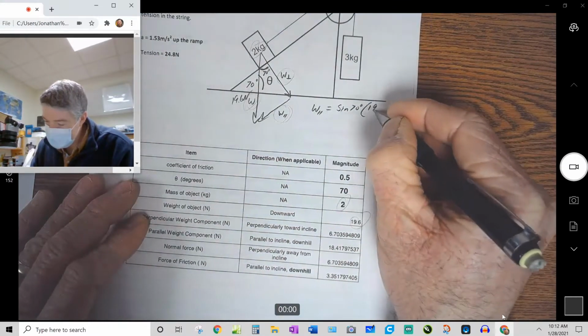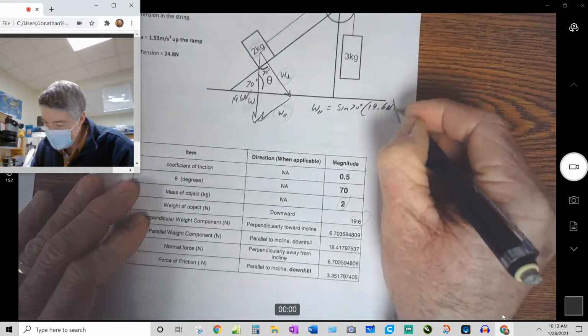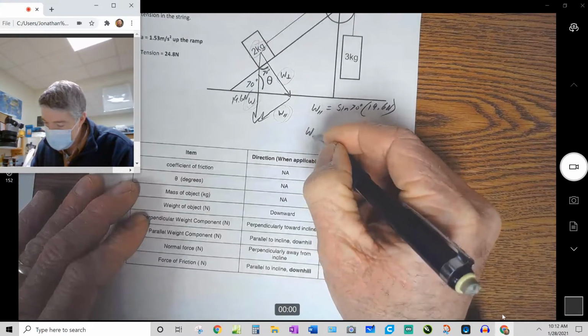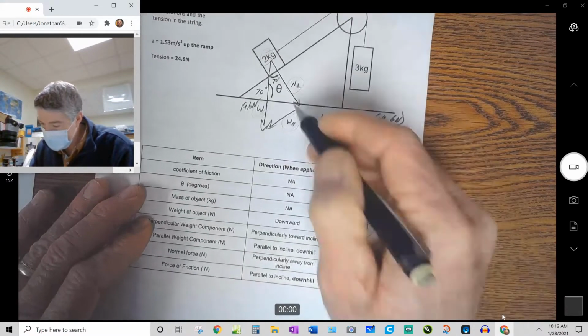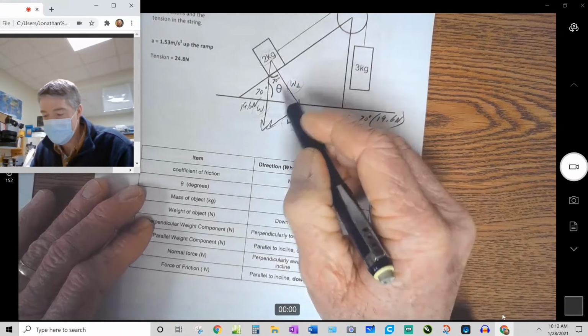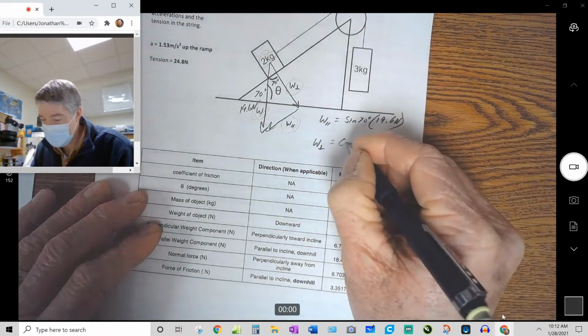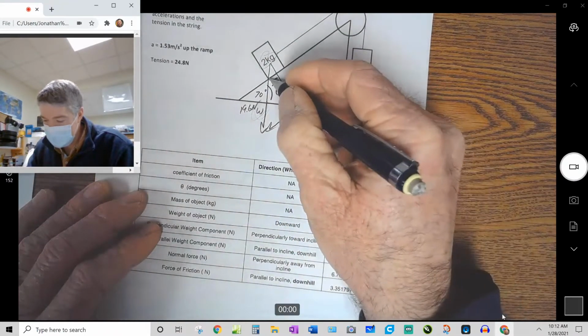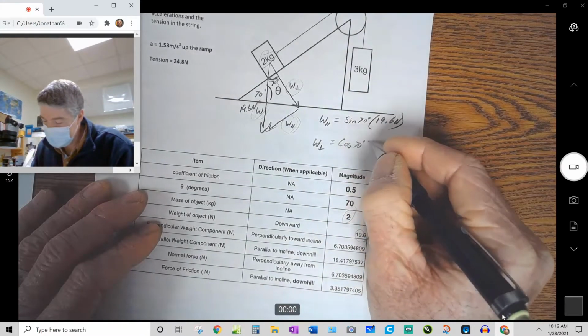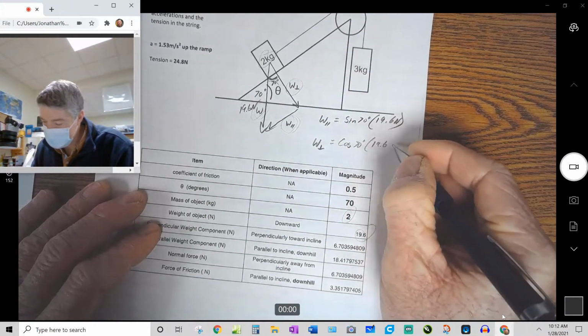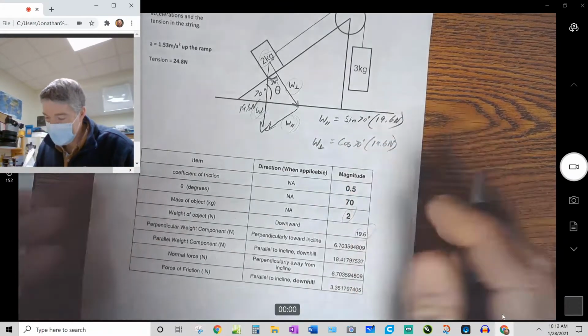So it's going to be that times 19.6. And the perpendicular component, the relationship between this and the hypotenuse is cosine, so this is going to be cosine of that angle, 70 times 19.6.